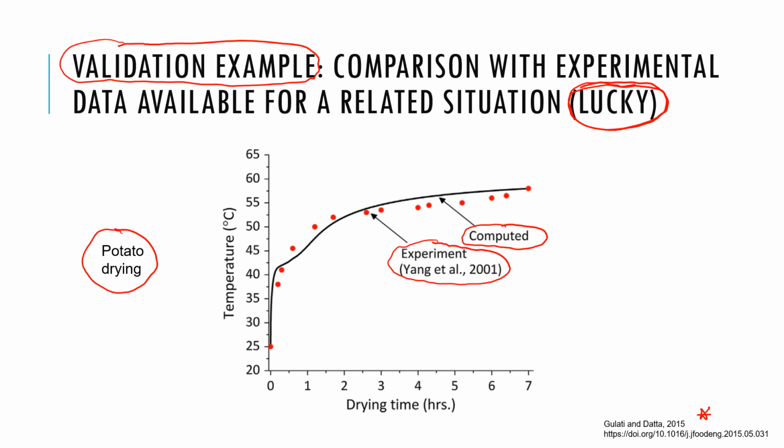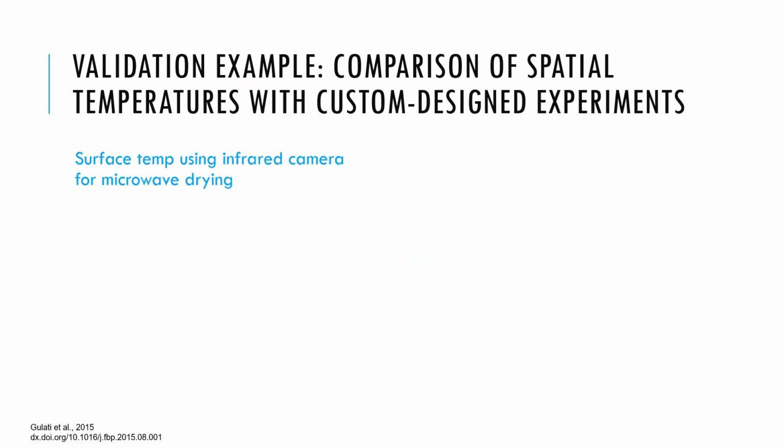And as I said earlier, just because we validate for the conditions of this experiment, it doesn't necessarily validate for the ultimate situation that we are going to use the model. Most of the time for validation, we are not super lucky, we're not even lucky.